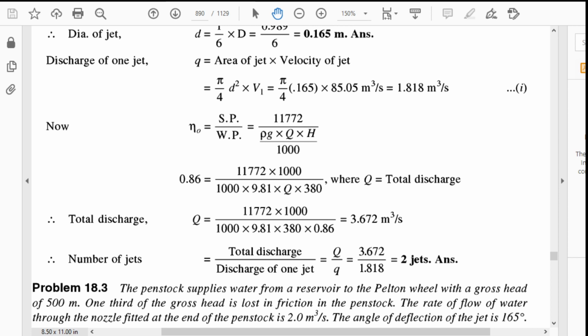Now, this is all about the numericals for Pelton wheel turbine. Now we'll move further to the design of Pelton wheel turbine.